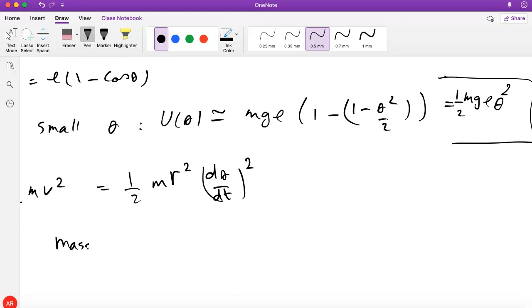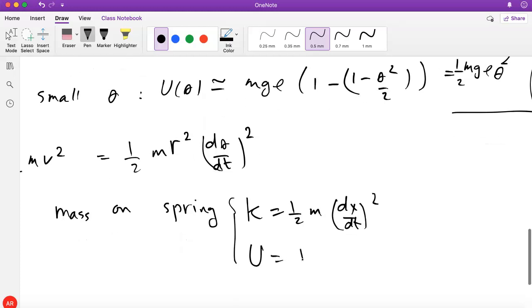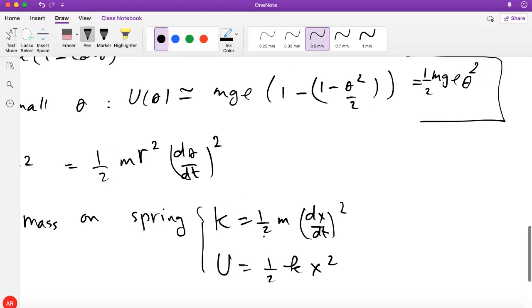For a mass on a spring, the kinetic energy was 1/2 m times the velocity, dx dt, squared, and U was 1/2 k, the spring constant, times x squared. So the kinetic energy is something times the derivative squared. The potential energy is again some number times x itself squared.